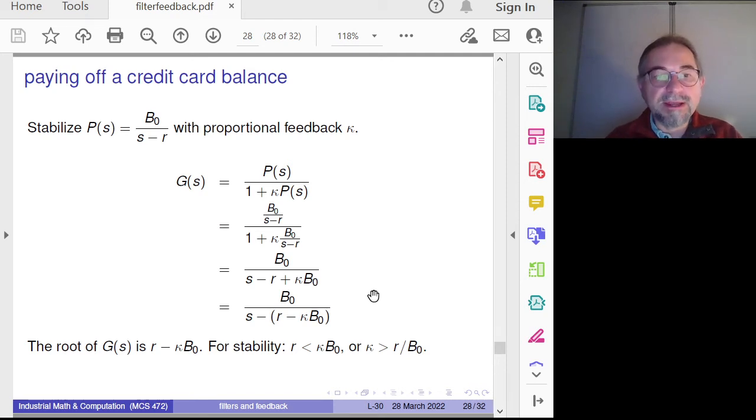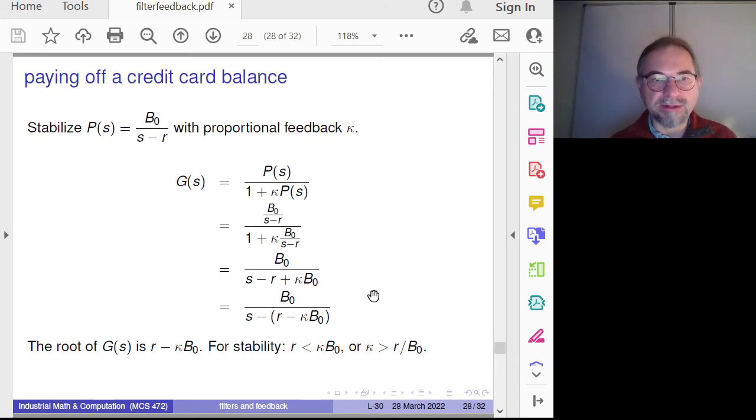So in a way, it's not so surprising that your proportional feedback must be proportional in order for this process to stabilize. It must be proportional to the balance and the interest rate. So your kappa should be larger than the interest rate divided by the initial balance.